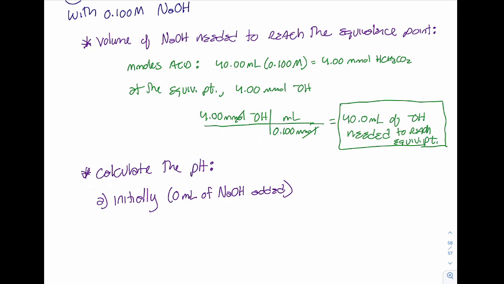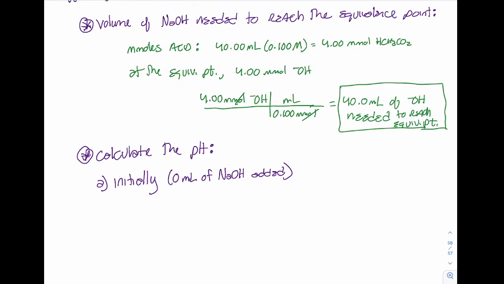Because this is a weak acid solution, we're going to calculate the pH as you would for any weak acid. So you're going to set up an ICE table and write your acid dissociation equilibrium equation.